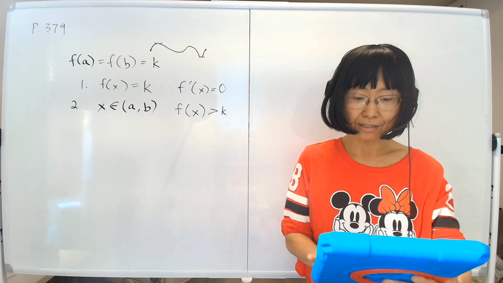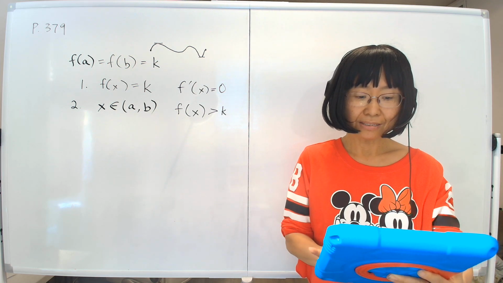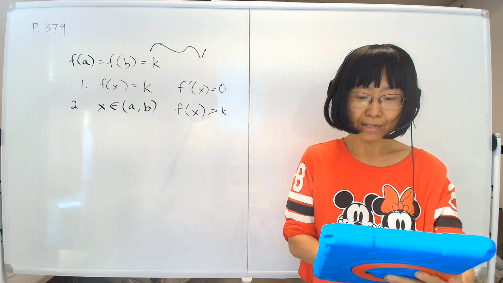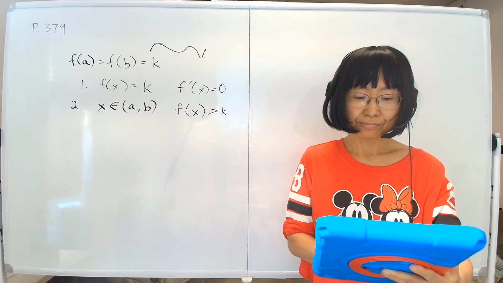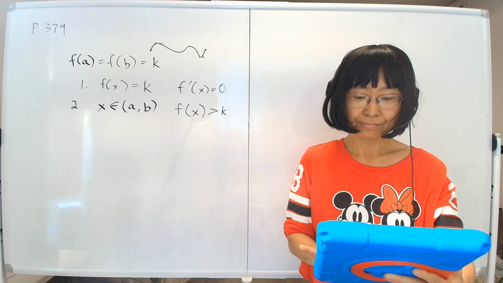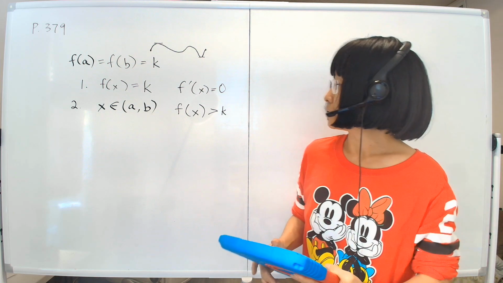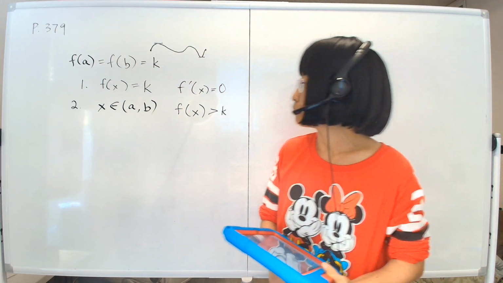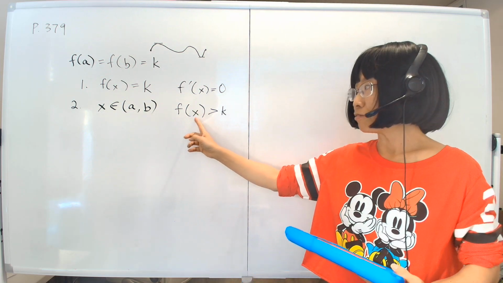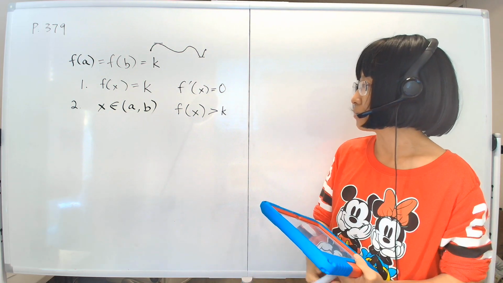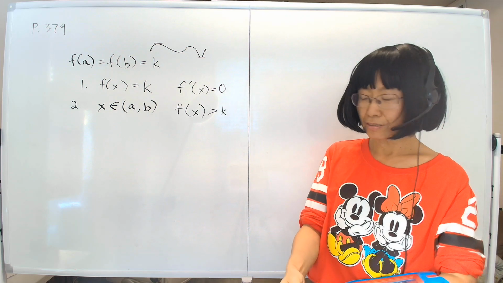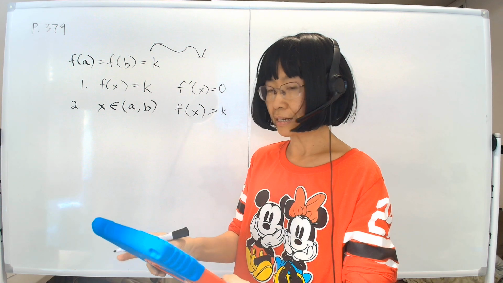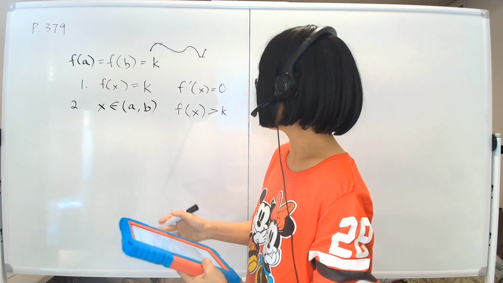So this function has an absolute maximum, and given that at one point f(x) is bigger than k, first we will say there exists an absolute maximum by the extreme value theorem.